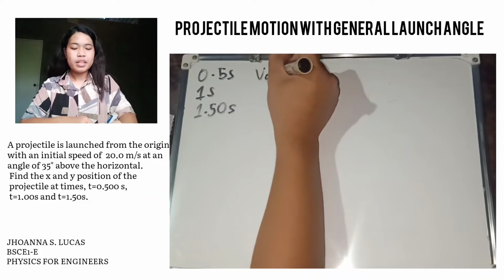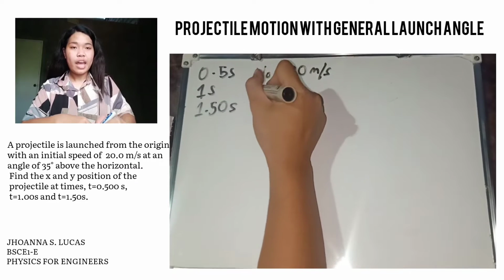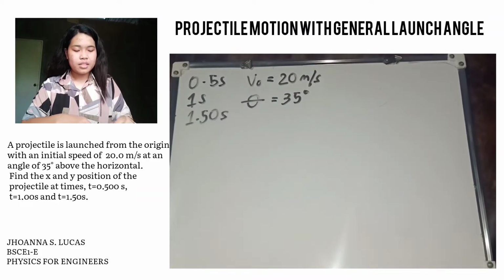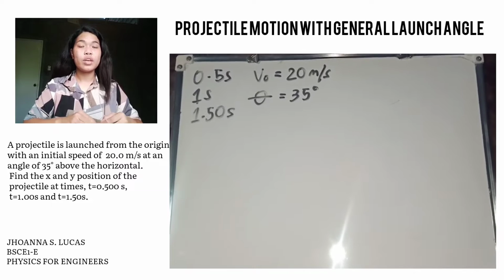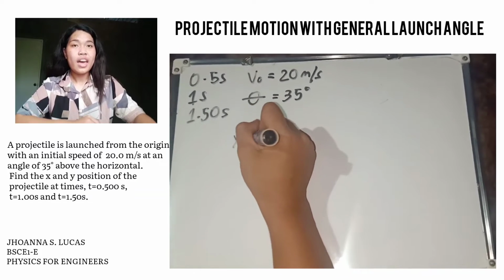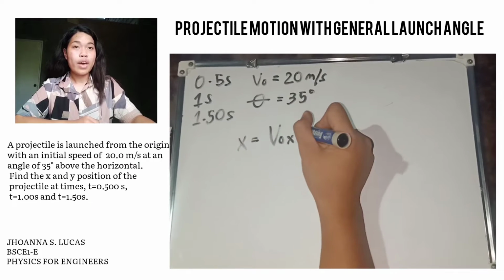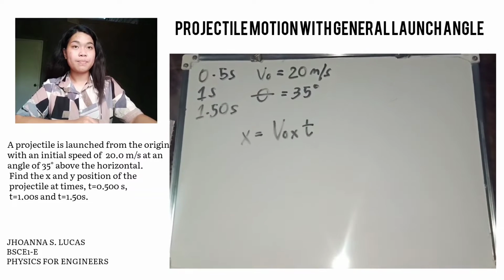Our initial speed is 20 meters per second and our angle is 35 degrees. With those given, we can use the equation of x to find x, which is x is equal to v sub ox multiplied by time.